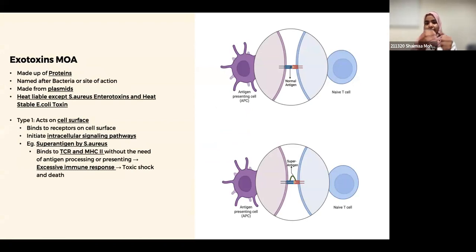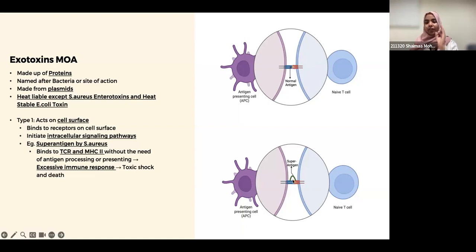Then this naive T cell, through the T cell receptor, is going to bind to this antigen presented by the antigen presenting cell. And it's going to form a response, basically forming T cells that are specific to this antigen that was presented by the APC, right? So it's kind of a controlled reaction just against this antigen, of this bacteria.